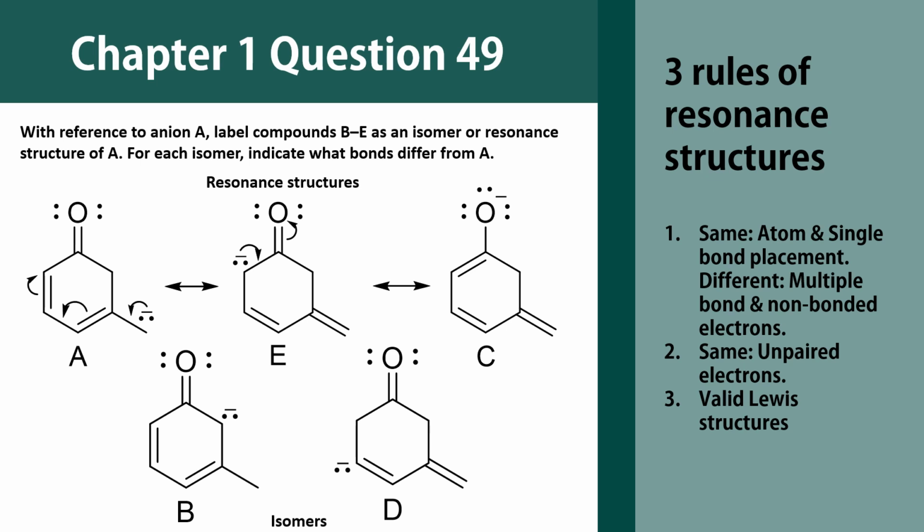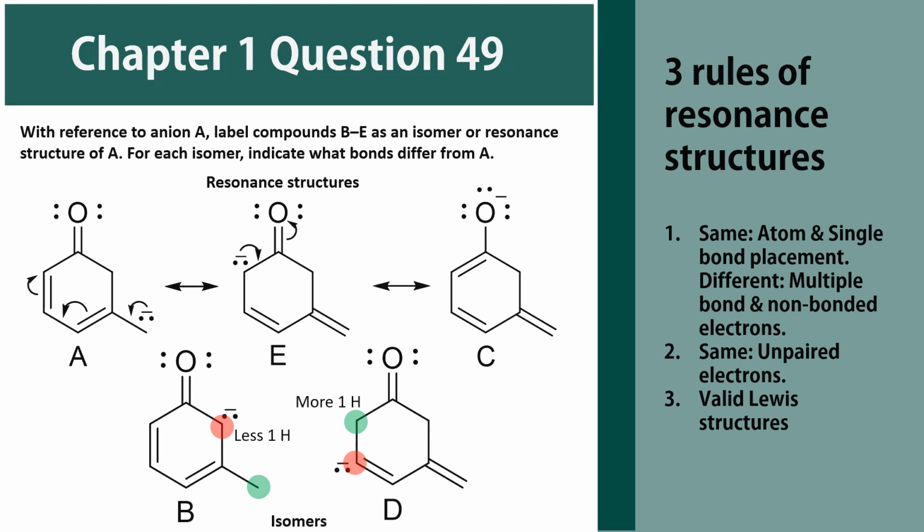For example, when you see B and D, in the green circles, there is one extra hydrogen atom, while the other side has fewer hydrogen atoms there. So D and B are not resonance structures of compound A and are considered isomers.